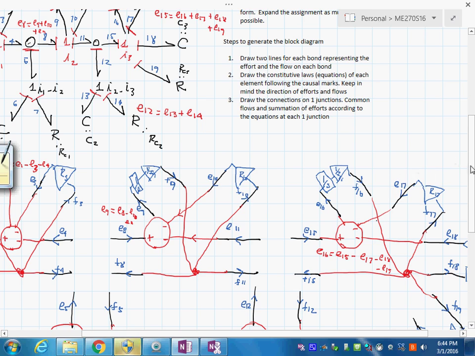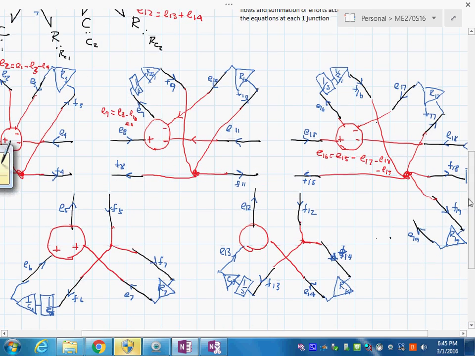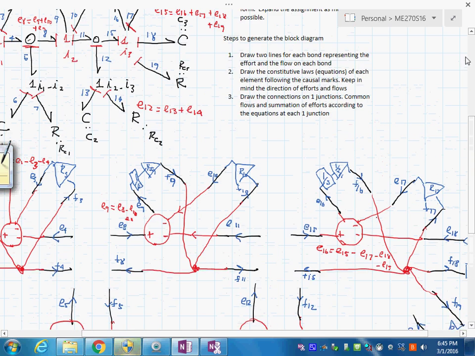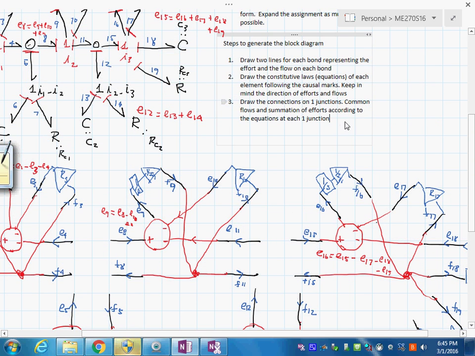Yeah? On this other one we do the same thing. The efforts are the same, but the flows will add. So in here you have F11 minus F15 is equal to F sub 12.